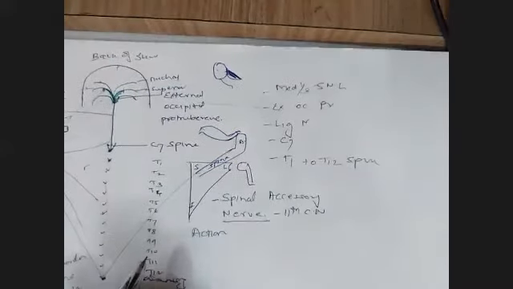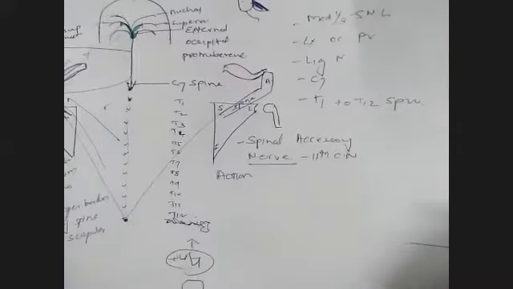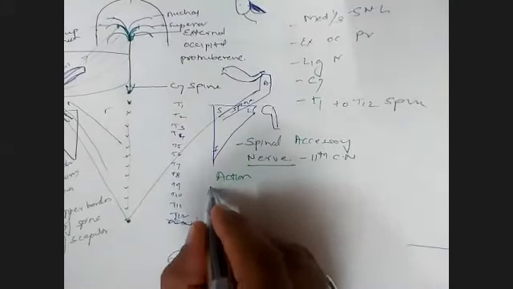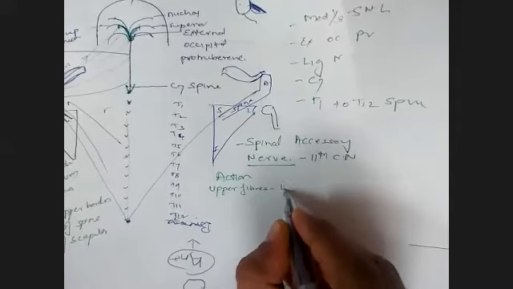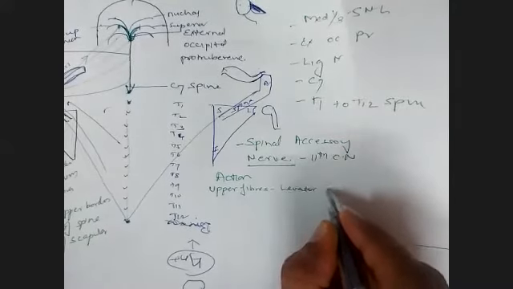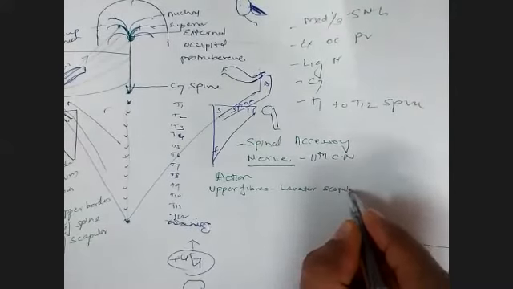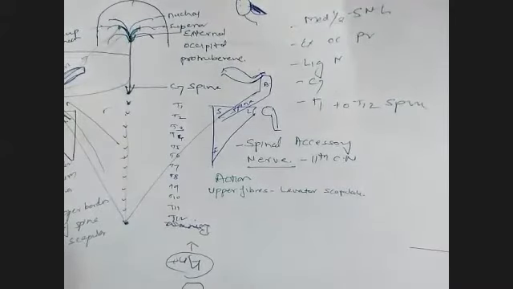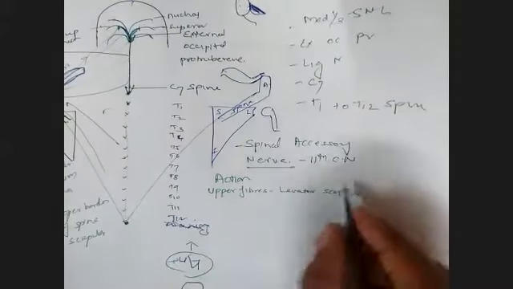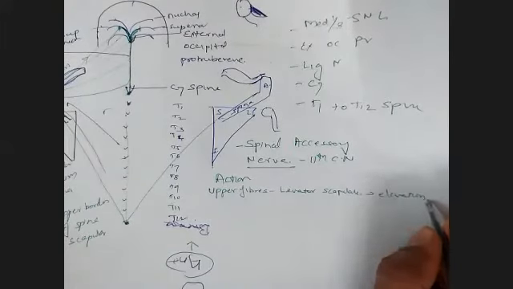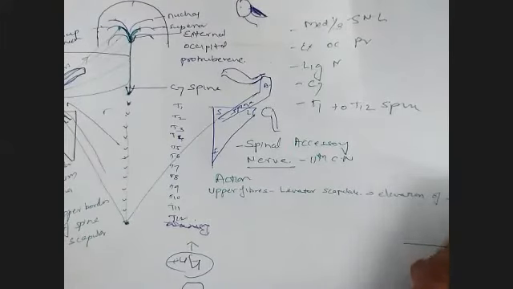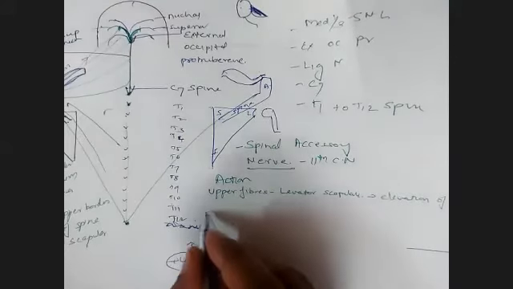So every fiber of the trapezius is acting with some other fibers. So upper fibers with a muscle called levator scapulae cause elevation of scapula.